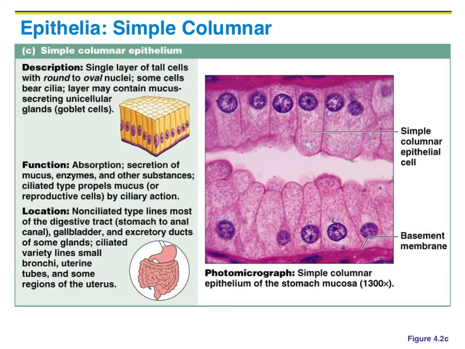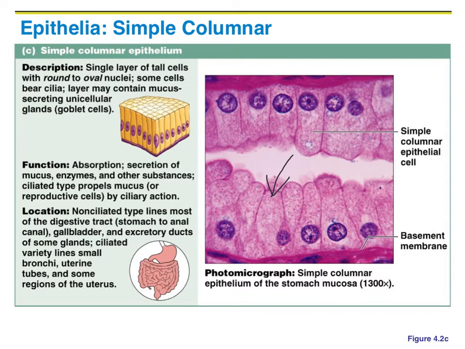Notice the structure of simple columnar epithelium. We have a single layer of tall column-like cells. In this figure, you can actually see an example of a goblet cell releasing its mucin or mucus into the lumen area, the opening.